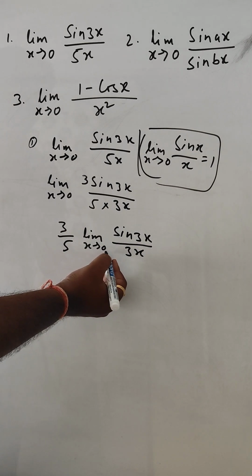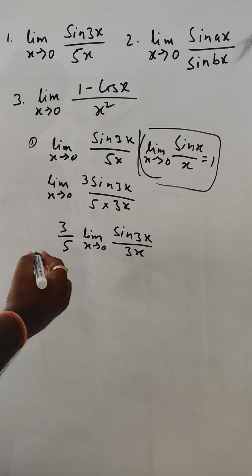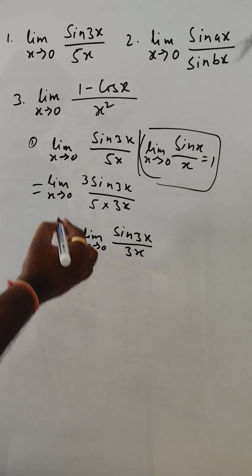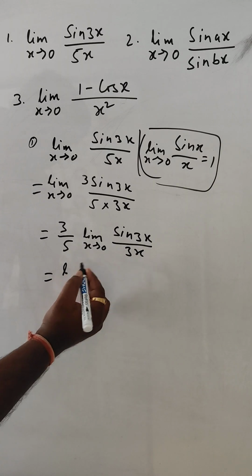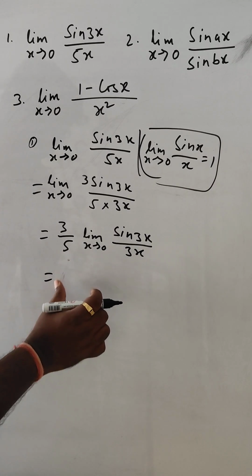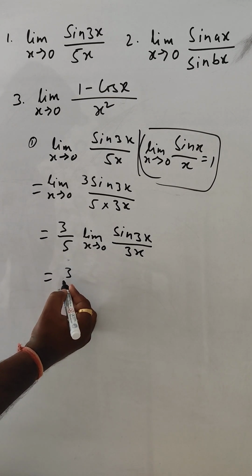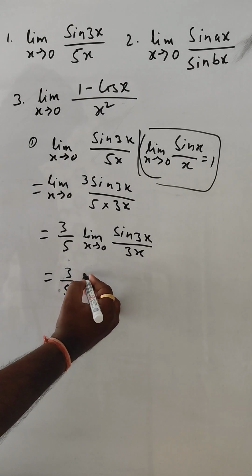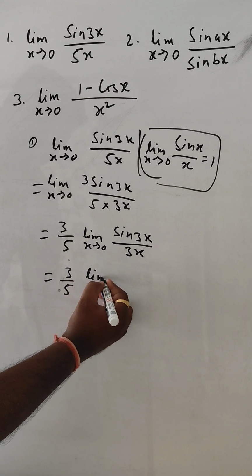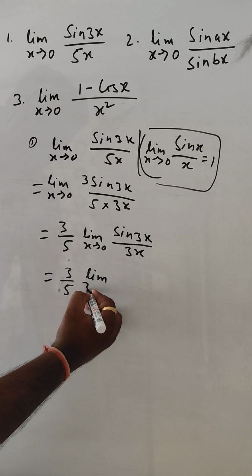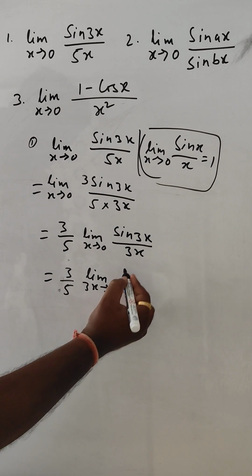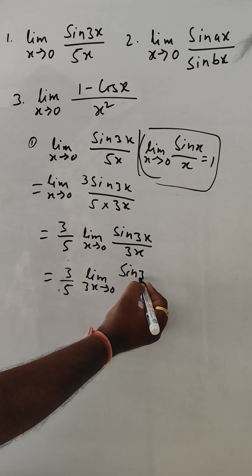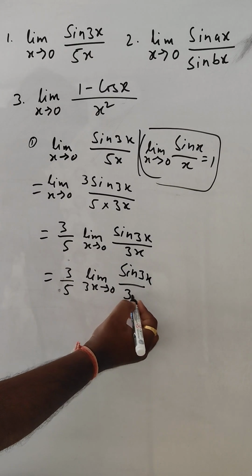Now x tends to 0, so 3x can also tend to 0. Okay, so here we can put 3 by 5 limit 3x tends to 0 and sin 3x by 3x.